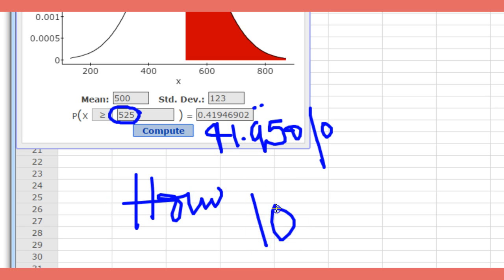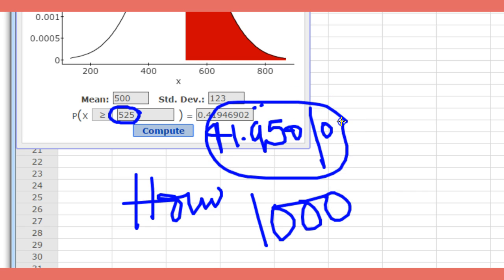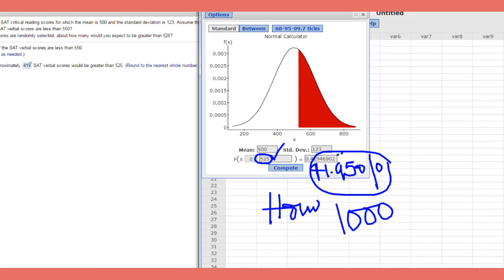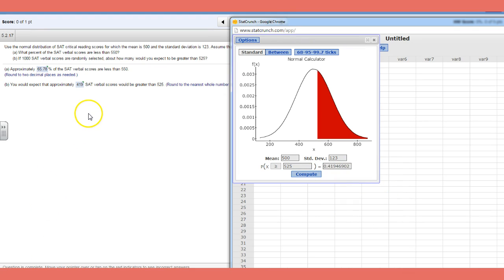So if 1000 students take the test and 41.95% of them get greater than 525, that means out of 1000 students, 419 students get a score greater than 525. We're going to round it off, so it's 419 students who take the test get a value greater than 525.